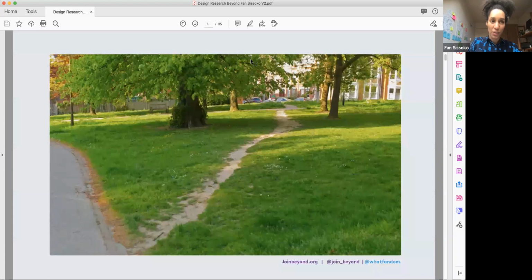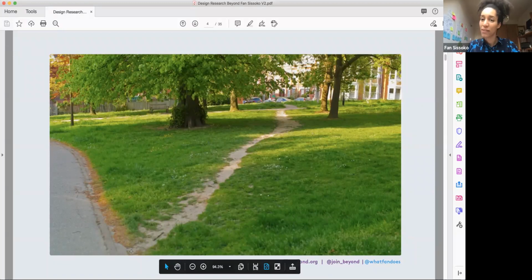So when I do training about research, I really like to start with this slide because I think it's a really concrete example of what happens when you don't do your research. So this is a picture of what we call a desire path. This is when someone has designed a really lovely, neat little urban environment, but hasn't really looked at how people might want to use the space or where people might want to get to.